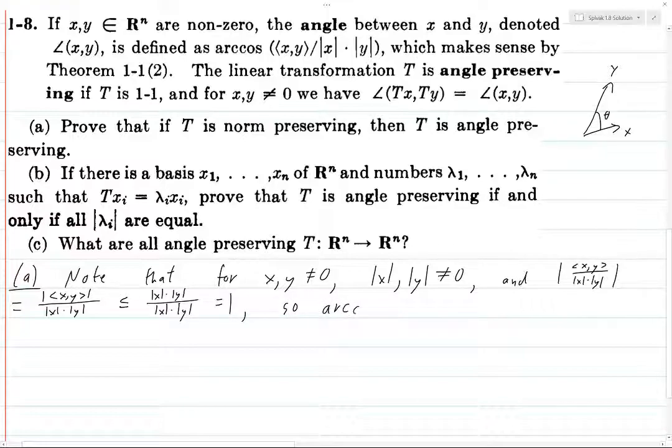So our arc cosine of the inner product of x and y over the norms is defined. And it's defined because the arc cosine of a number will give you the angle such that cosine of theta equals that number. So there's only so many values that you can take the arc cosine of.